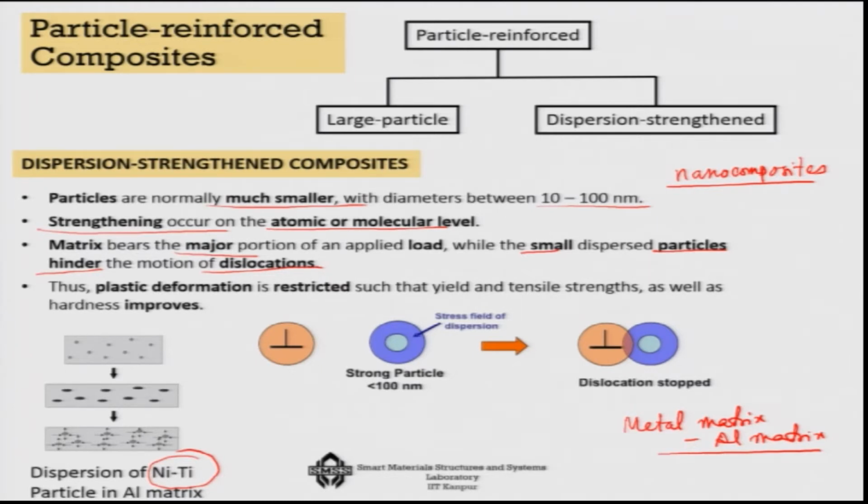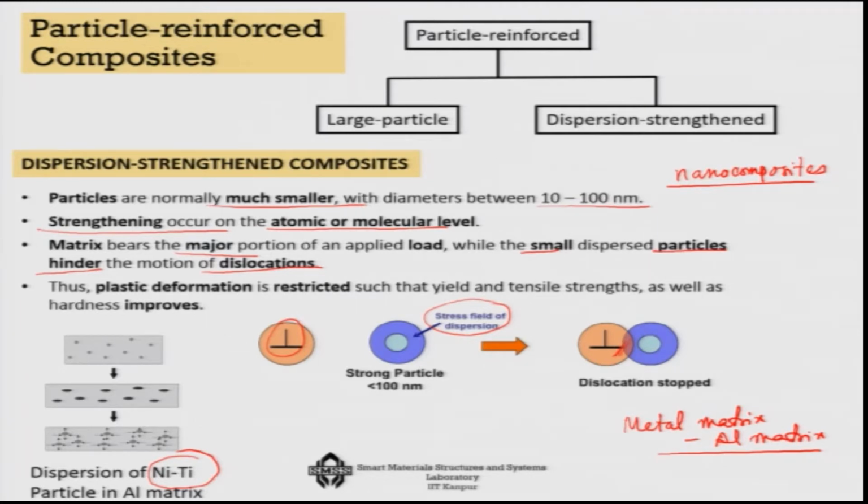So, that is what is done here. You can see that there is a dislocation here, and you can see the stress field of the dislocation, and you have a strong particle here. That strong particle is actually blocking the movement of the dislocation.